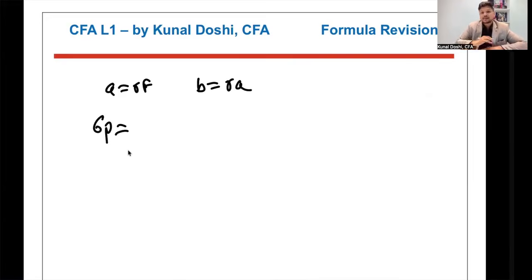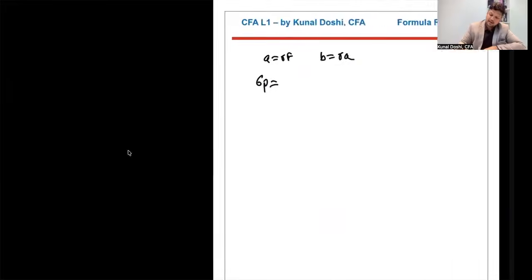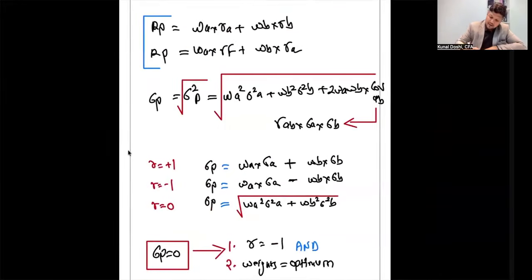Now, why for 0 do we have the root? Oh, I have a question, let me address that. Tell me one thing, in portfolio risk, what will happen if the correlation is 0? Only the third component will become 0, right?